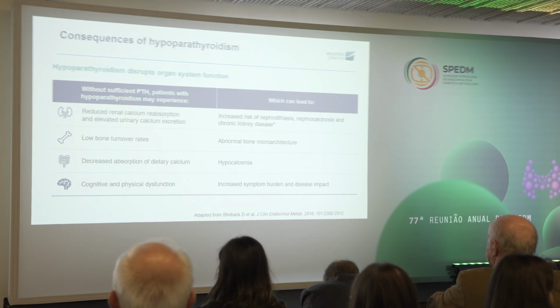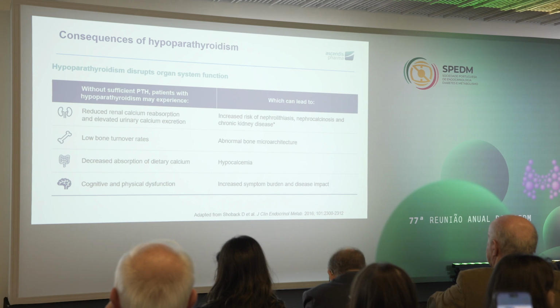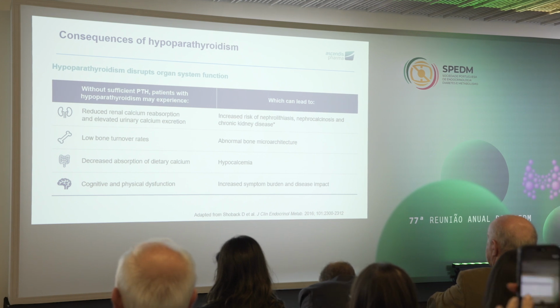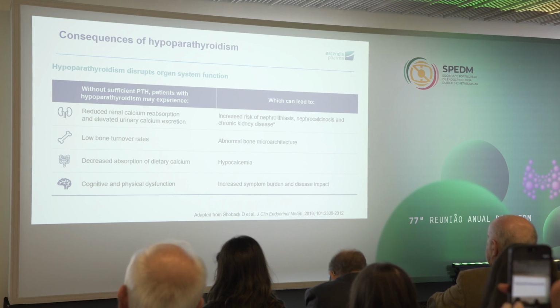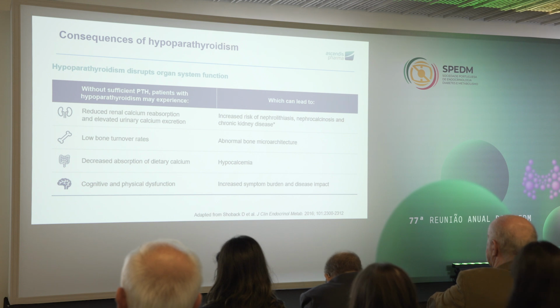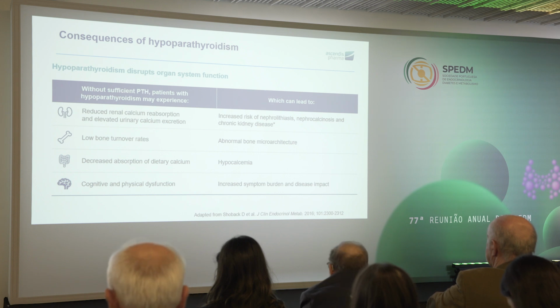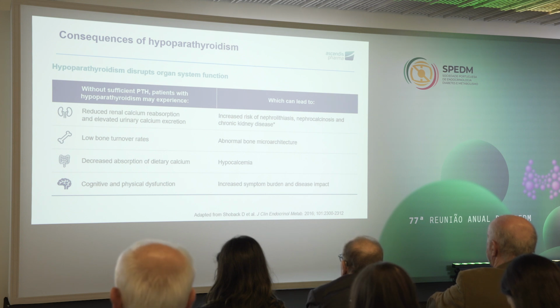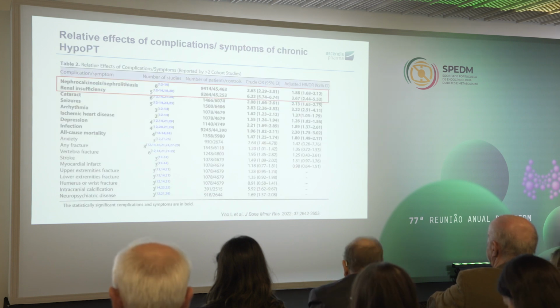And of course, the consequences, we have talked now about biochemical parameters, we have talked about quality of life. There are good data about long-term complications of chronic hypoparathyroidism in terms of renal aspects, and of course also it has been mentioned the conundrum of bone health in patients with chronic hypoparathyroidism.